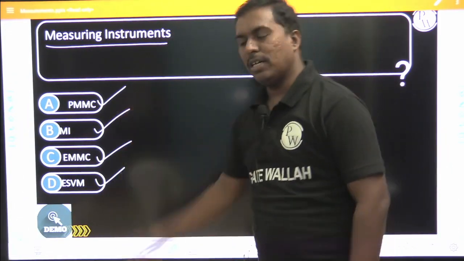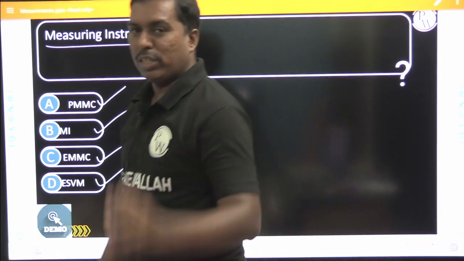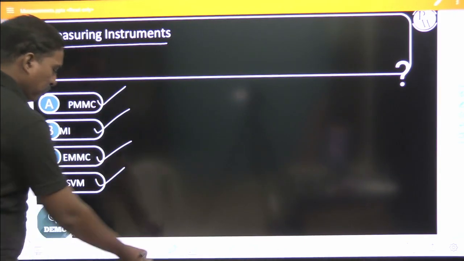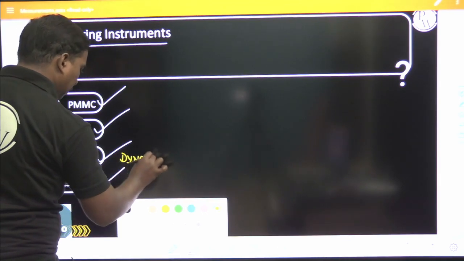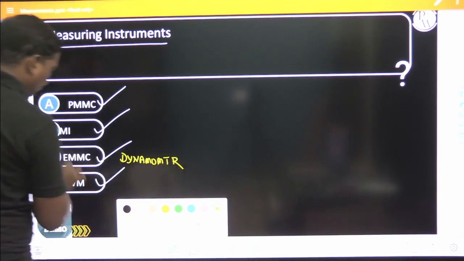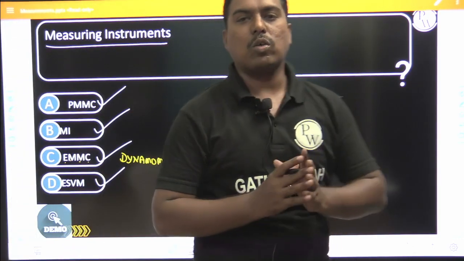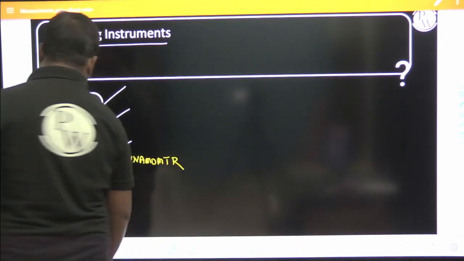PMMC stands for permanent magnet moving coil, MI stands for moving iron, and EMMC stands for electromagnet moving coil, which is also called dynamometer, and ESVM stands for electrostatic voltmeter.